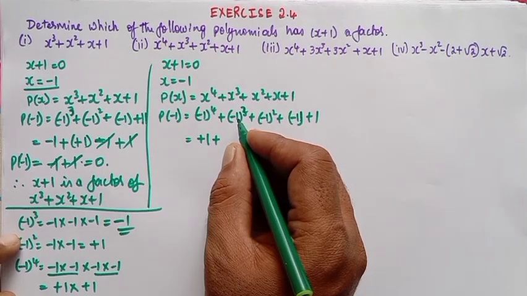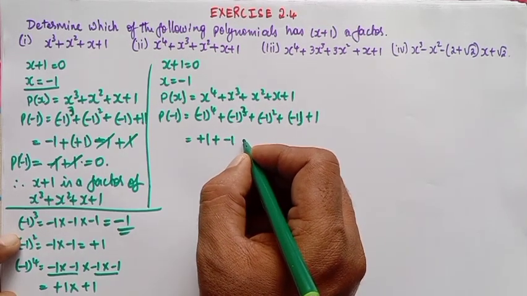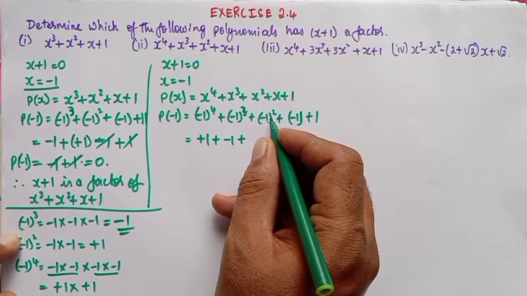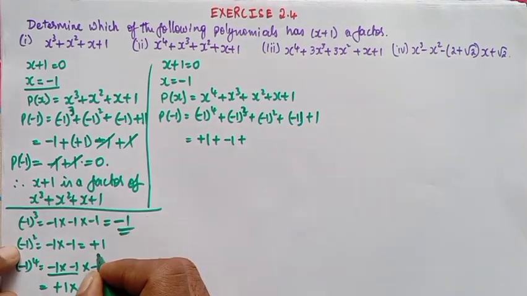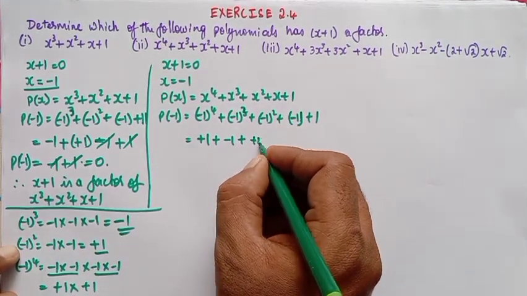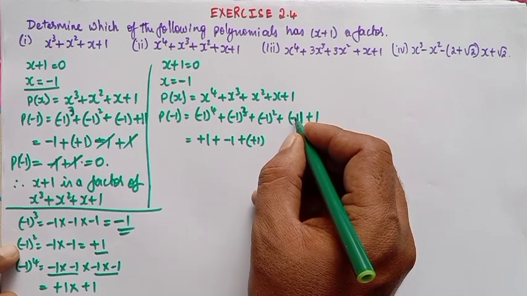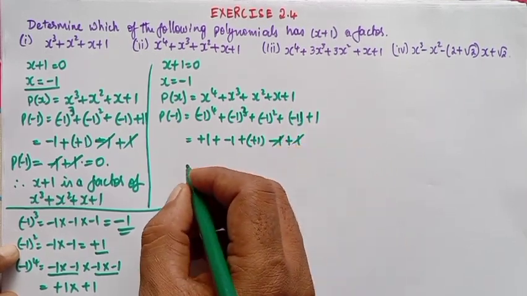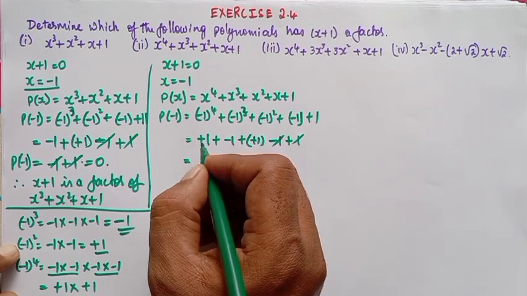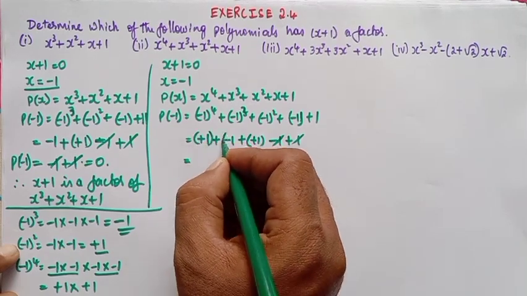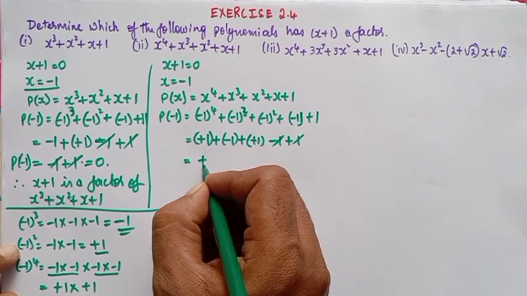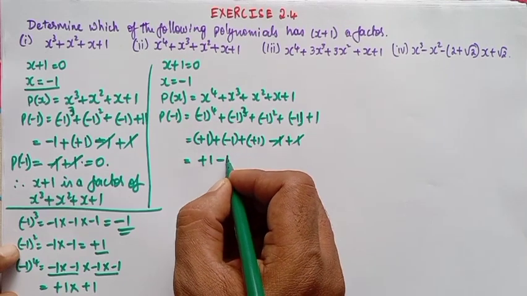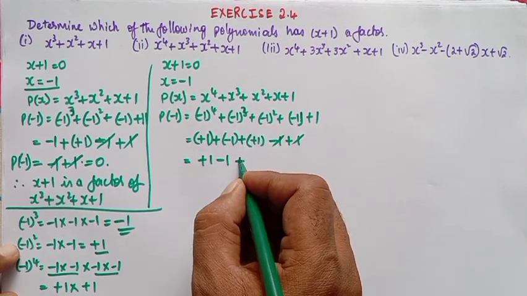Minus 1 whole cube is minus 1. Plus of minus 1 whole square is plus 1. Plus into minus is minus 1 plus 1. So these two cancel. So here plus 1 plus into minus is minus 1 plus into plus is plus 1.